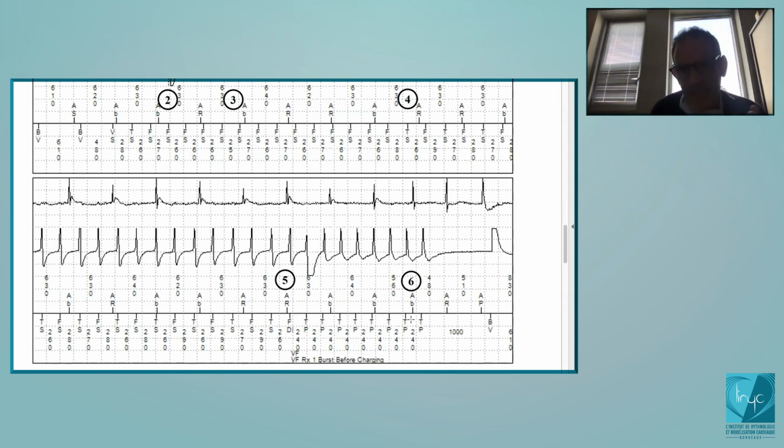Because this is a limitation of these counters also: since the FS do not increment the VT counter, you will have to wait a lot if the VF counter is not initially filled. And if there is alternation, you will never fill the VF counter. So that's the way to treat an episode with oscillation between the VT zone and the VF zone like a ventricular fibrillation. Okay, this is the combined counter.